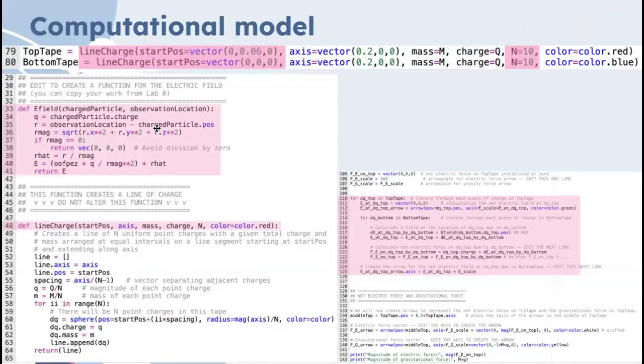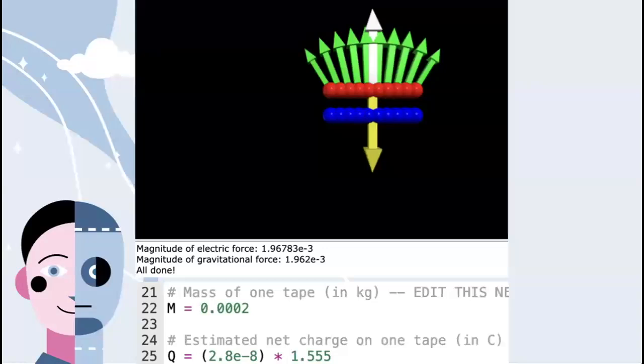Here's a method defining the electric field formula, which we use later on down here actually. So this is a loop that allows us to calculate the electric field at each point charge using the superposition principle. And all of that gives us this neat graph.